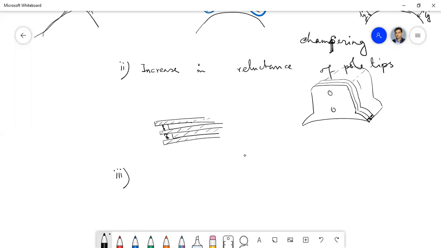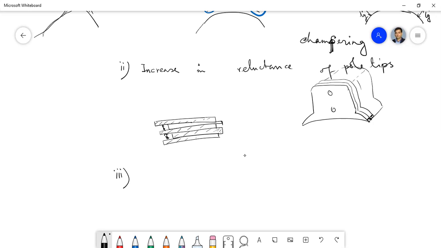So here one of the measures is that we omit alternate laminations in the pole shoe. মানে omit ঠিক বলবো না, মানে এটা change করলাম আর কি, এটা এদিকে বাড়িয়ে দিলাম, এটা কমিয়ে দিলাম, এটা বাড়িয়ে দিলাম, like this.